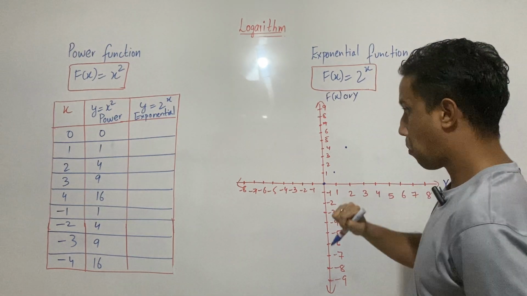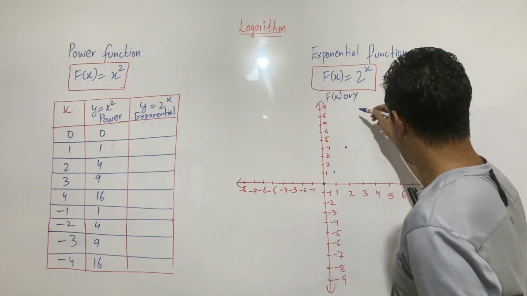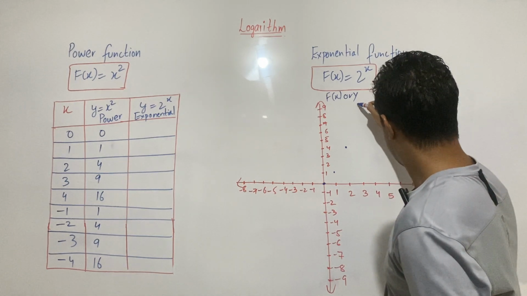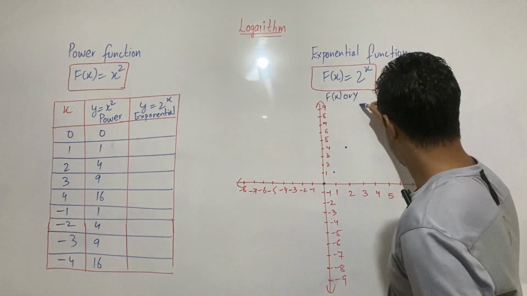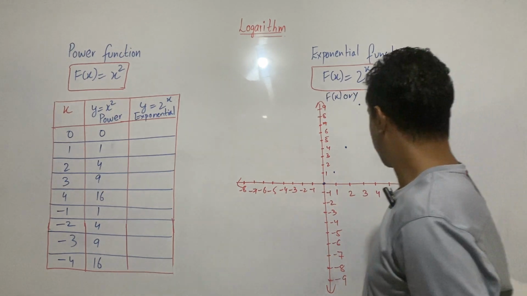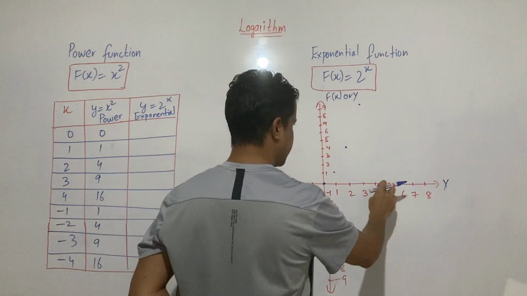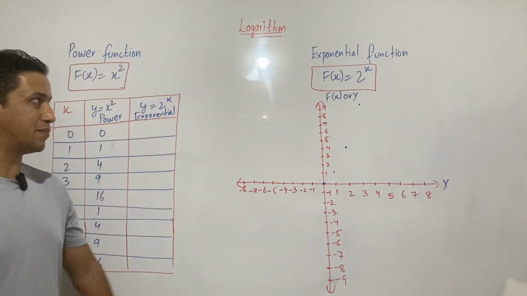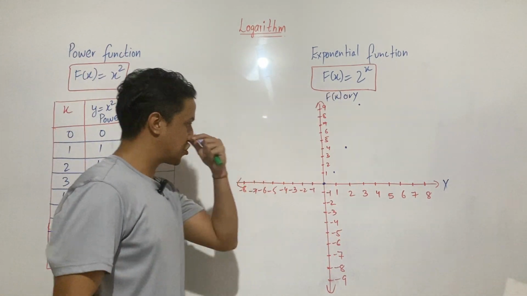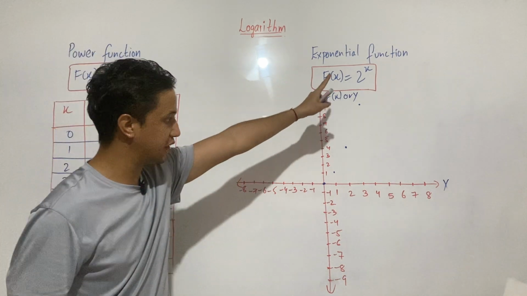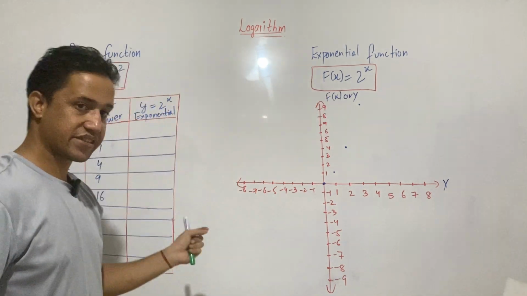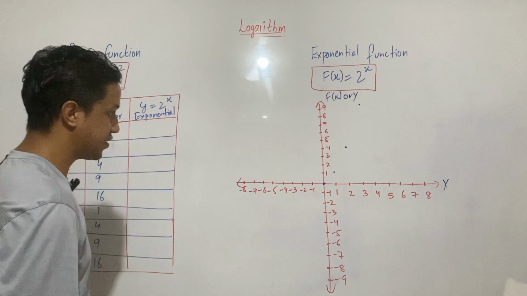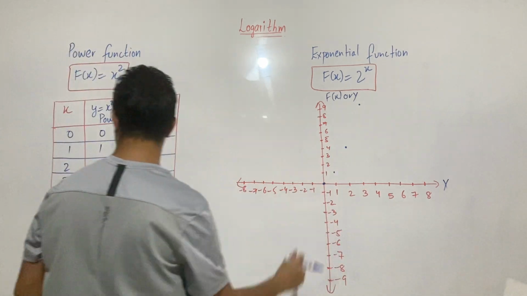For 3, 9. Same goes for 4, 16. It's not possible to show that coordinate here because my scale is smaller, but it's fine, you can take up to 3.